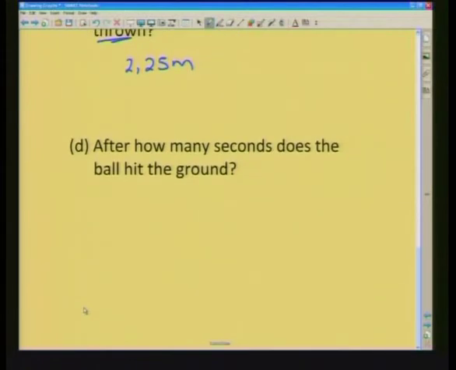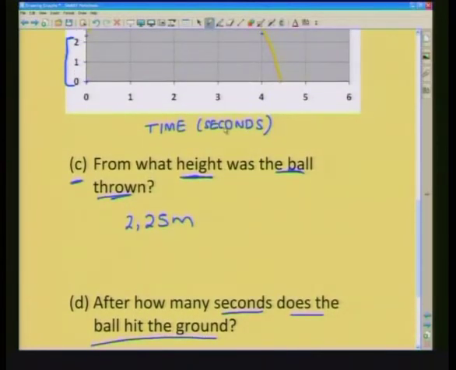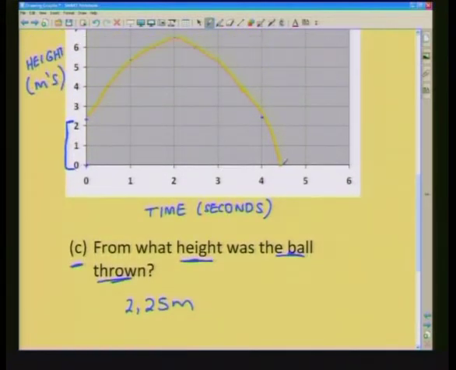And then the last part of this question: after how many seconds does the ball hit the ground? That means they are directing us to work with the x-axis because that's the one that represents the time. And they want to know when it hits the ground, in other words, when the height is 0.